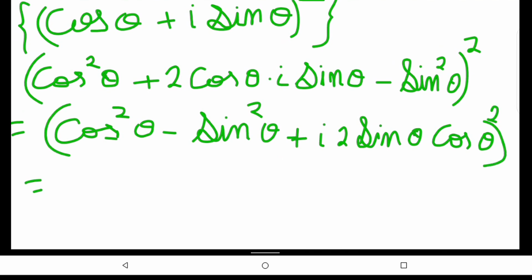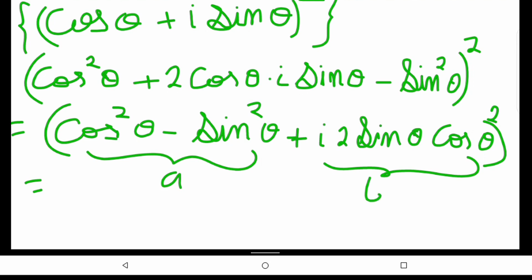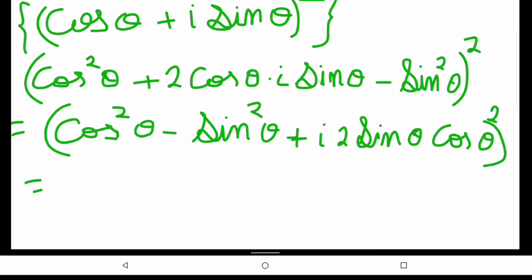Now once again we have (a plus b) whole square. We can apply that formula, (a plus b) whole square equal to a square plus 2ab plus b square.